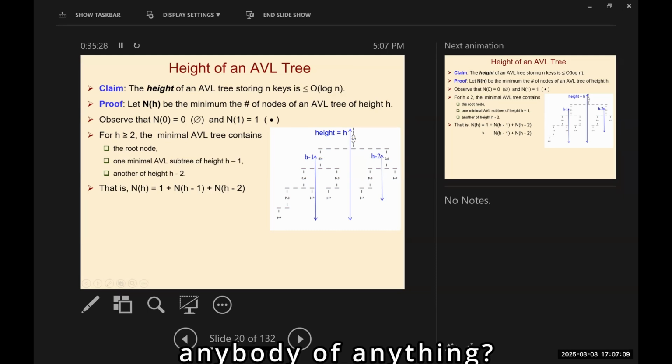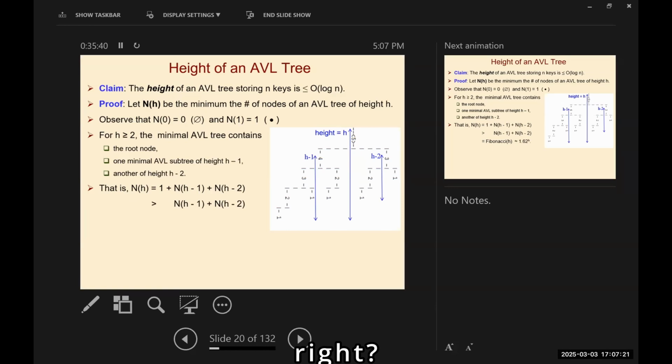Does this remind anybody of anything? What does it look like? Fibonacci's, right? It's messed up by the extra 1, but it's close enough, right? And we want to show that n is big, right?